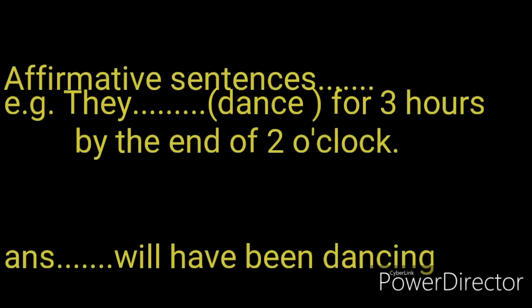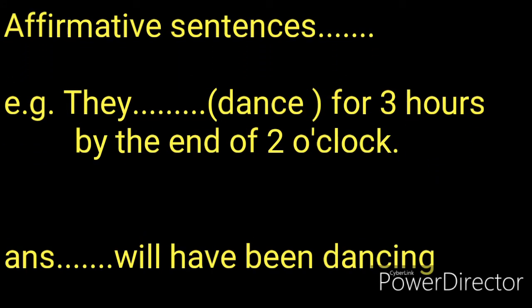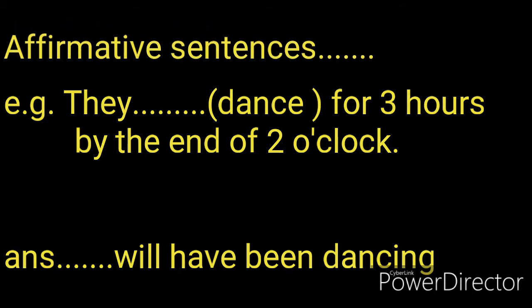For example, they blank dance for 3 hours by the end of 2 o'clock. In this sentence, two structures have been used, for plus time and by the end of 2 o'clock. So we have to use will have been plus ing. So the answer is will have been dancing.